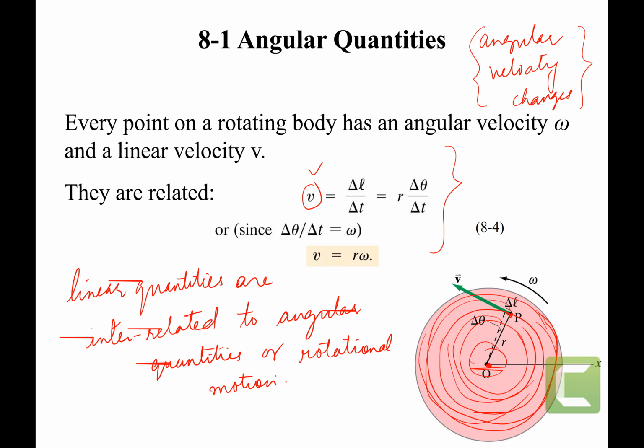If there's a speck of dust here and it's rotating, there's a linear velocity that works tangential to this track, and then there is a radius, the distance from the center.